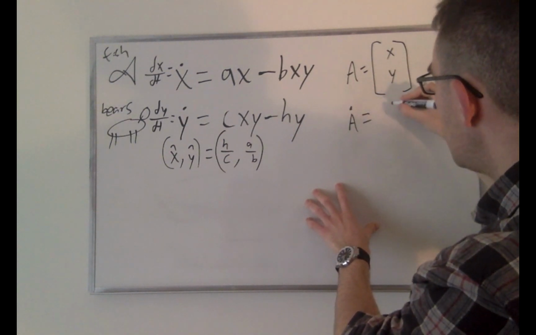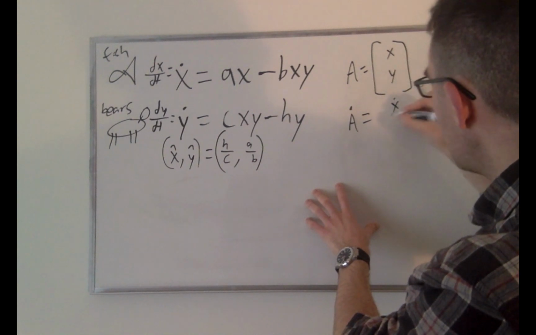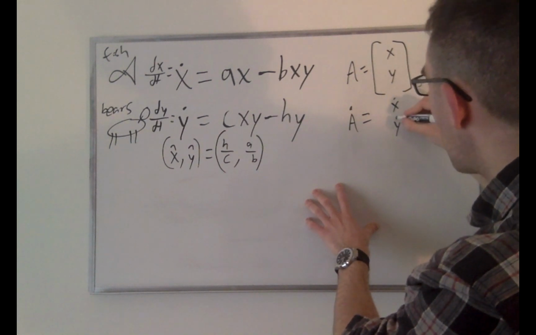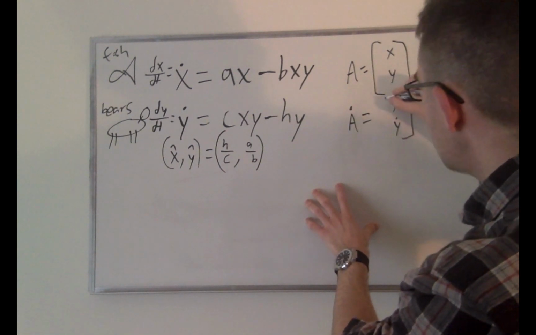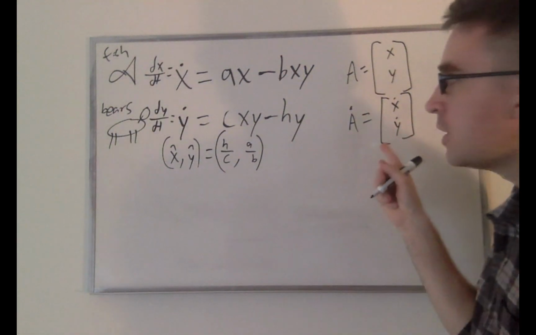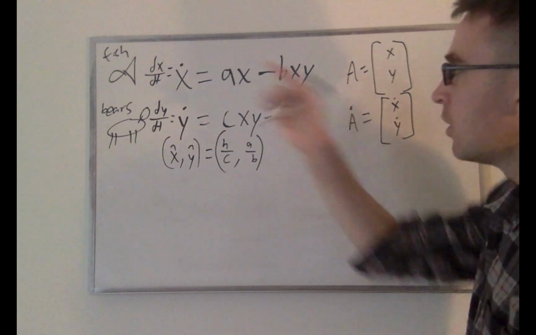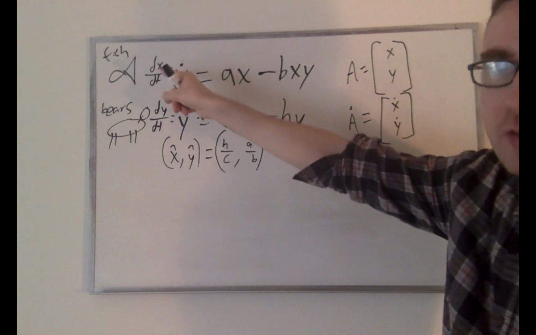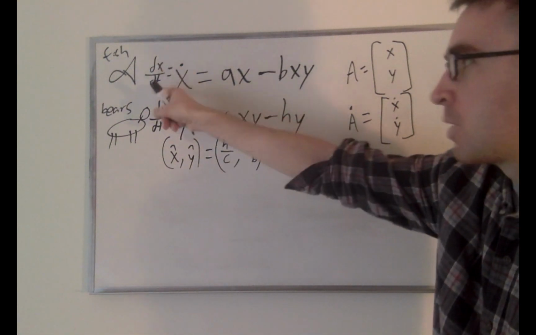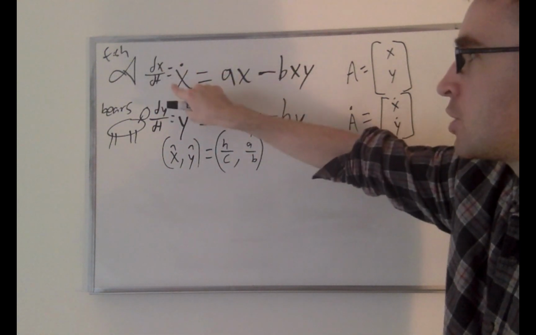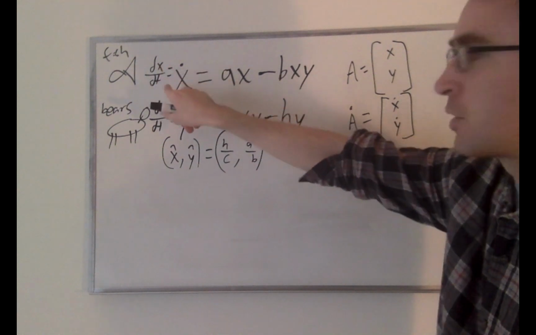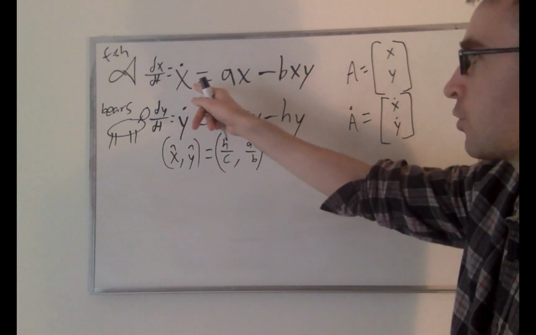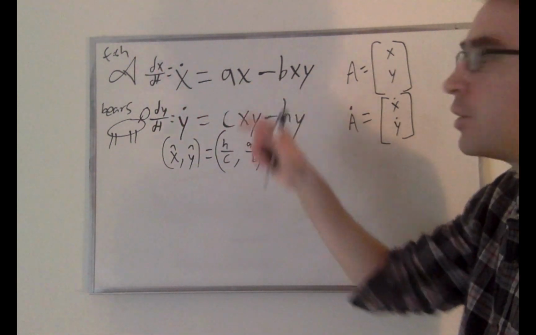This is just going to be our differential equations, x dot and y dot. And remember, the dots just mean the derivative of the variable with respect to time. So x dot is just the derivative of x with respect to time.